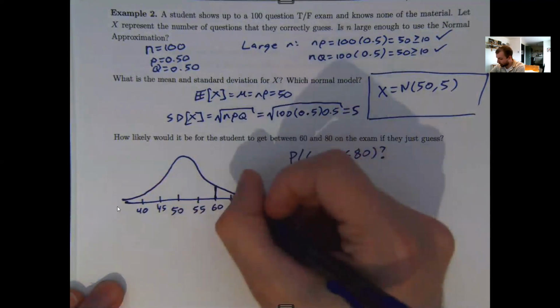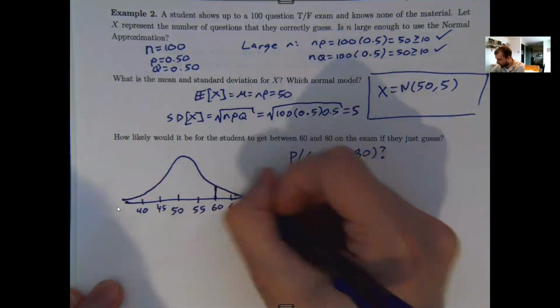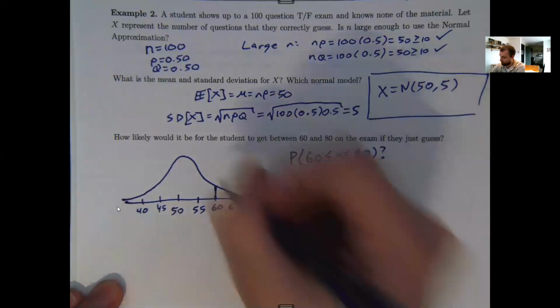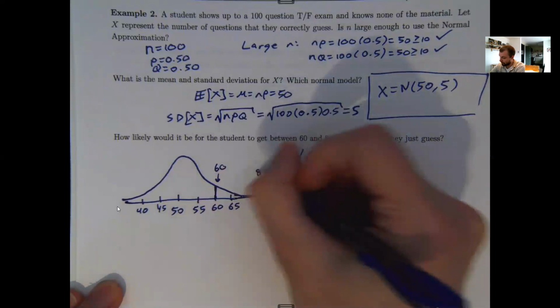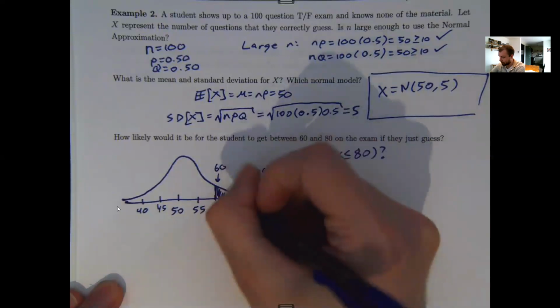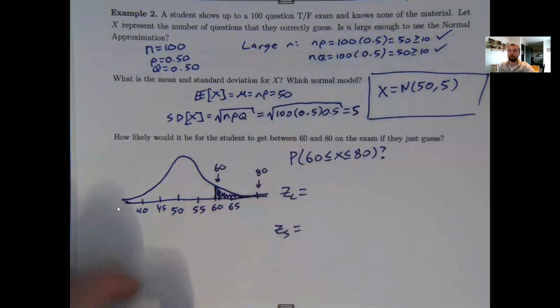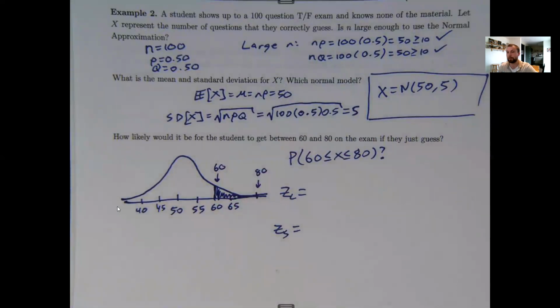My other value is 80, that's going to be way, way off the charts, kind of rare. And I want the area between this. In other words, I want to know how likely it would be if I had 100 question true false to guess my way into getting anywhere between a D and a very, very low B, exactly at the B cutoff.